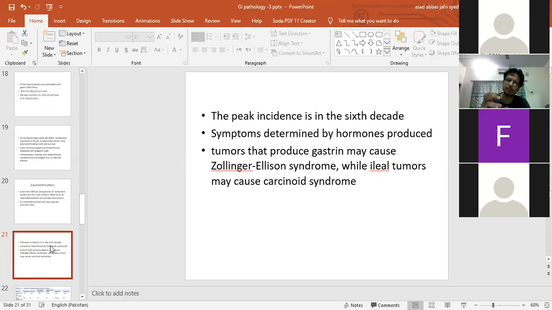And sometimes the tumor may produce insulin, though the pancreas is most common for that phenomenon. So patients can present with insulinomas, sorry, with recurrent episodes of hypoglycemia.